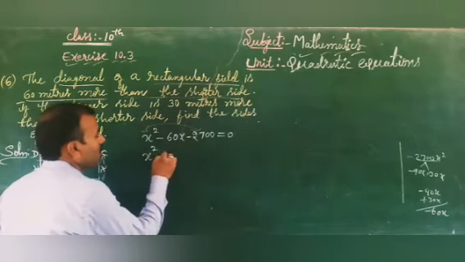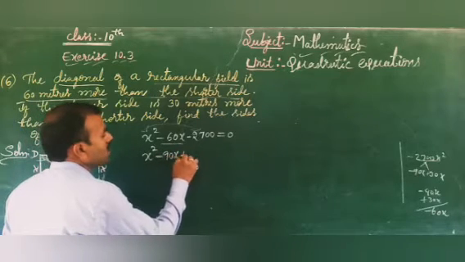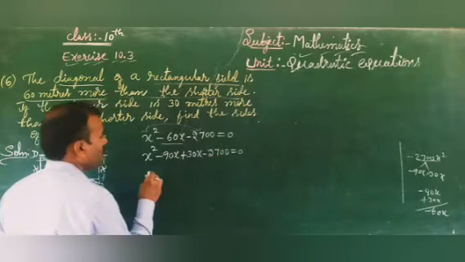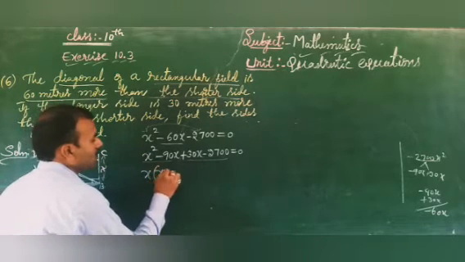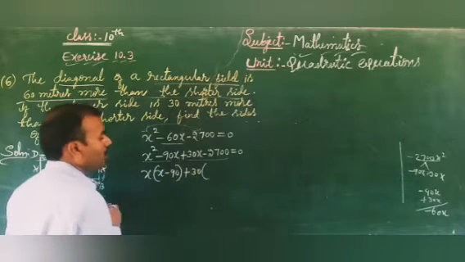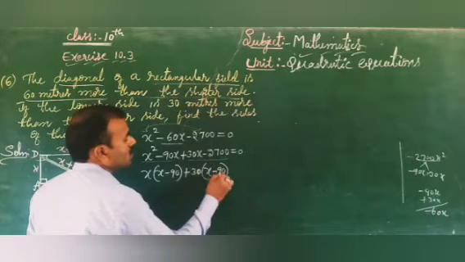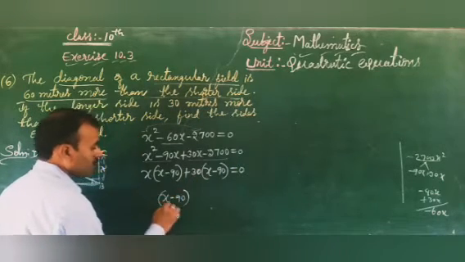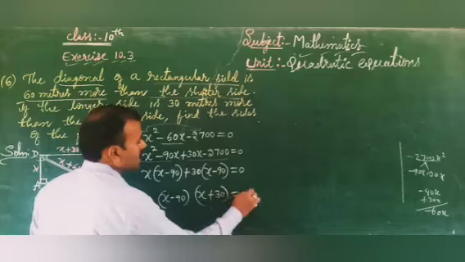Here x square, in the place of minus 60x we put minus 90x plus 30x, minus 2700 equals 0. Group the terms and take out common factors. x take out common: x minus 90, plus 30 common, x minus 90. Common factor (x minus 90) outside the bracket: (x minus 90)(x plus 30) equals 0.